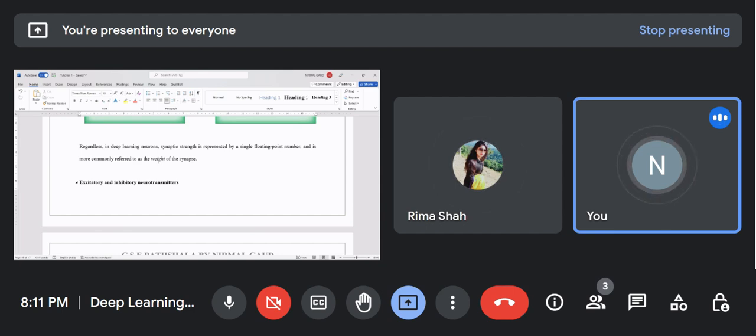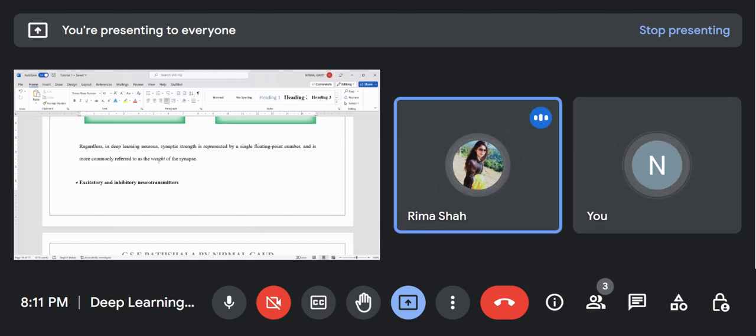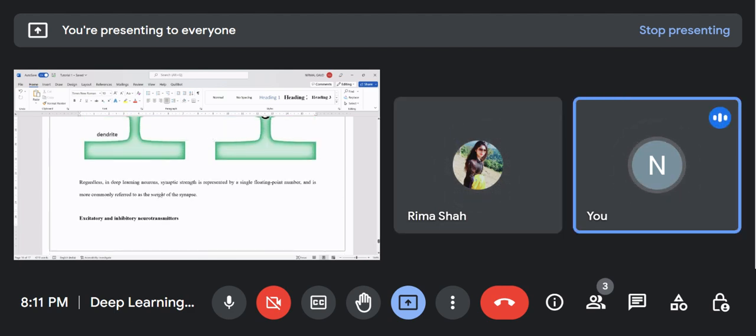Initially we give some weight to our neural network, and later on, depending upon the learning and in order to reduce the losses, the adjustment of the weight is done automatically. I already told you in the previous lectures. So here, the weight of the synapse.